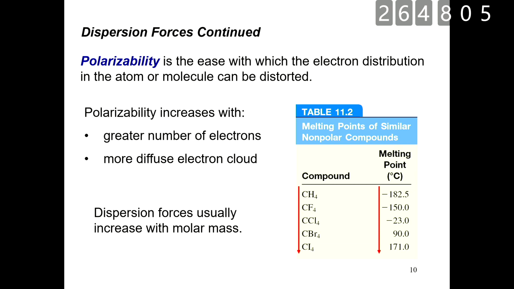If the molecule has more electrons, like the third period and the fourth period compared with the first and second period, these atoms have higher polarizability, and also a more diffuse electron cloud.